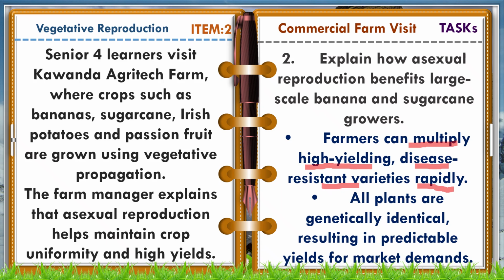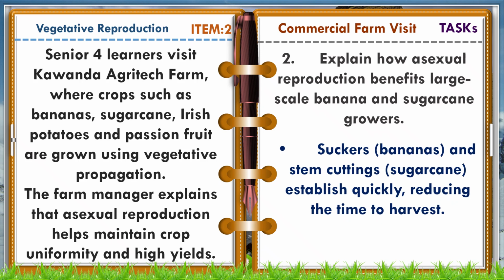All plants are genetically identical, resulting in predictable yields for market demands. The suckers for bananas and stem cuttings for sugarcane establish quickly, reducing time to harvest.